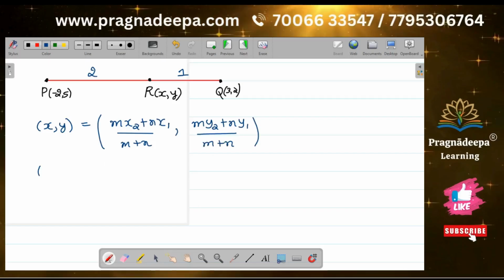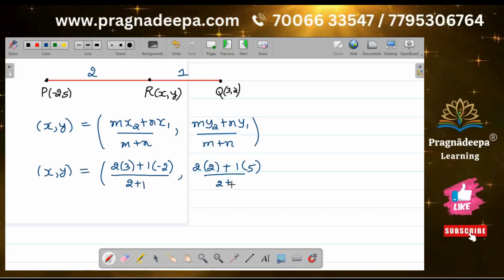We don't know x and y, so keep them as they are. The value of m is 2, the value of x2 is 3, plus the value of n is 1, x1 is minus 2, divided by m plus n, which is 2 plus 1. Comma, m is 2, the value of y2 is 2, the value of n is 1, the value of y1 is 5, divided by 2 plus 1.